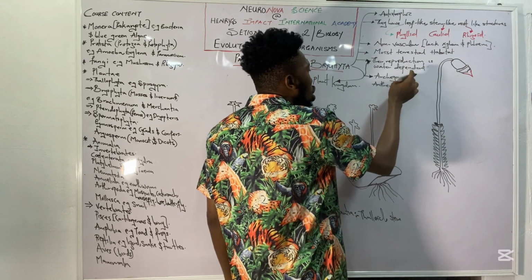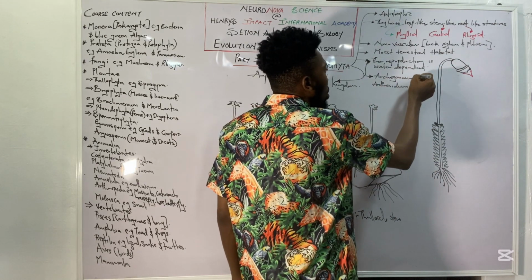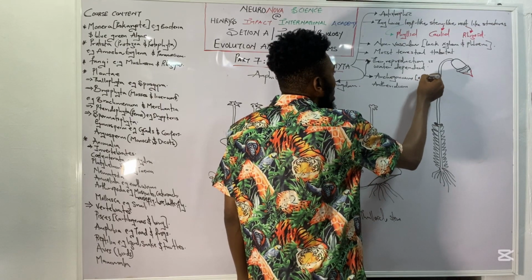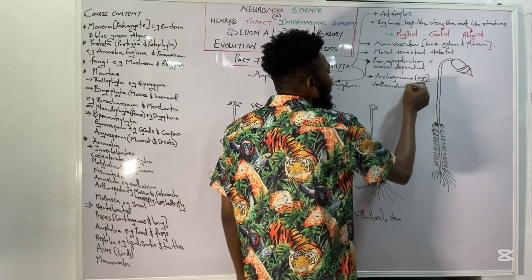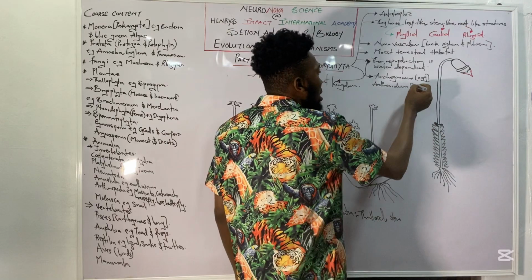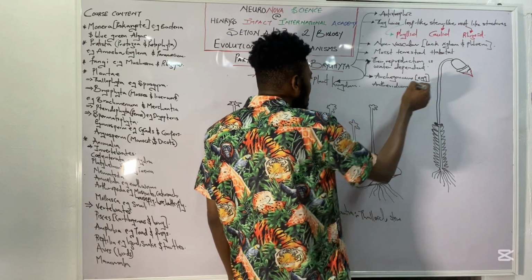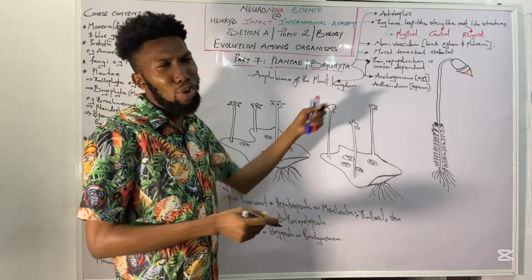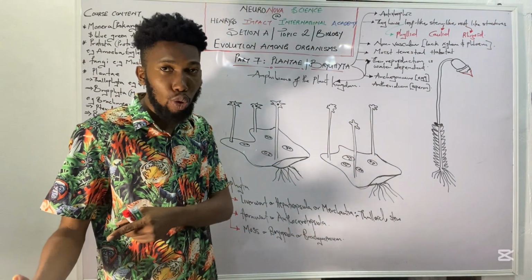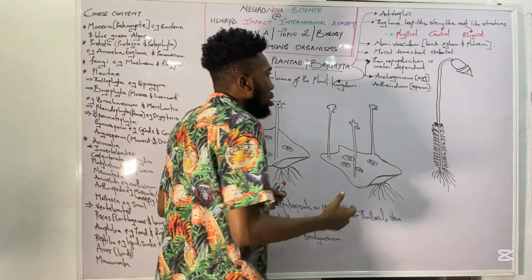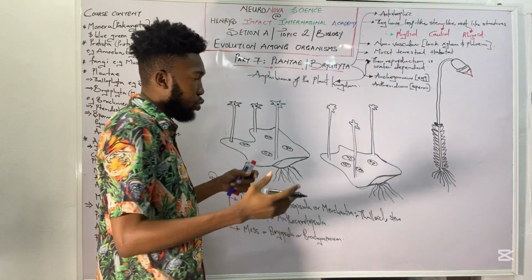So the archegonium is like the female-like structure, and that one is producing the egg. While the antheridium is the male-like structure that will be producing the sperm. Antheridium is as good as testes if you link it with humans, while archegonium is like the ovaries.